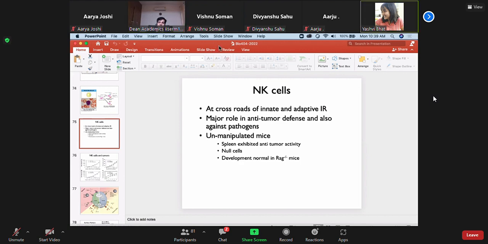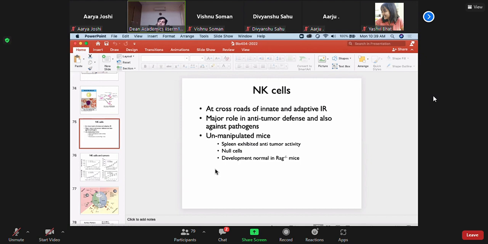So, sir, in that case, what are the conditions that we require for cytotoxic T cells to act against cancerous cells? Well, it's not like a cancerous cell or infected cell will always downregulate MHC class 1.